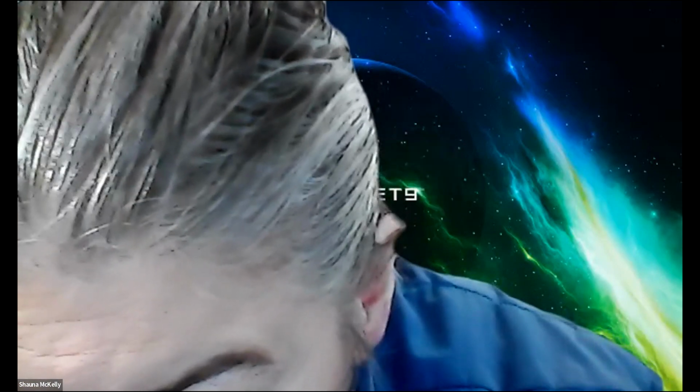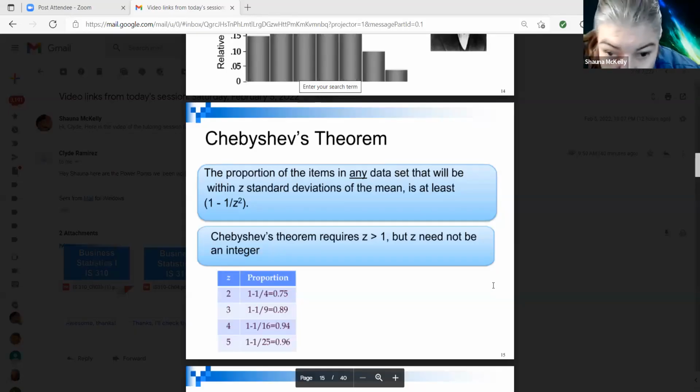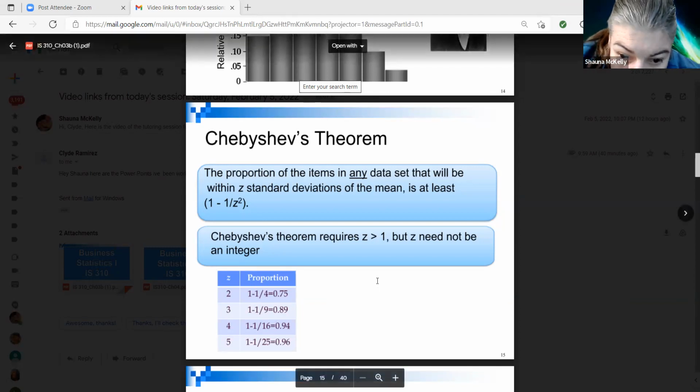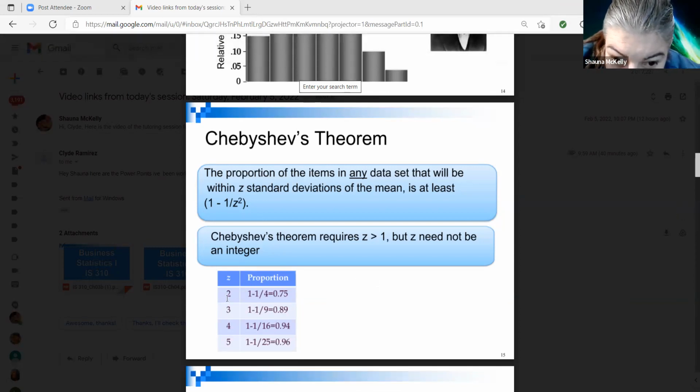If they ask what portion of the data lies within 75%, well, you know K is 2, or in this case Z, because she changed it to Z, but it's the same formula. Then you know what K is and what the percentage is, so you could go for the interval in that case.